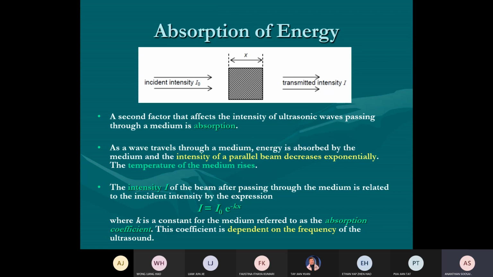Whether you can go deep or not. You can't go deep. High frequency ultrasound finds it difficult to go deeper into the body because the absorption coefficient is very high, very absorbable. And it depends on the nature of the tissue also. Bone absorption.